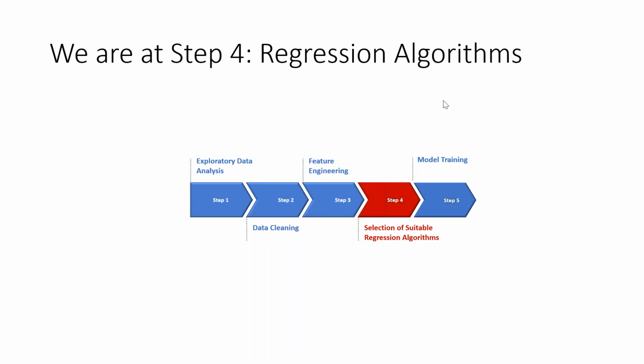So that is the step where we are in. So we are going to take a pause and try to understand a set of good regression algorithms that may come in handy for us as we solve this problem. Okay, so that is step 4.